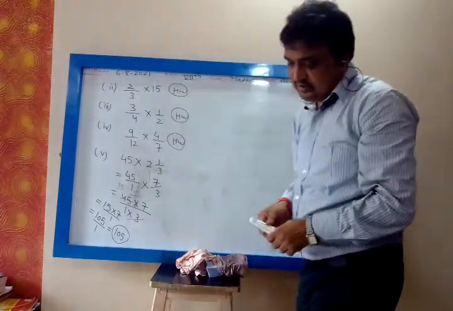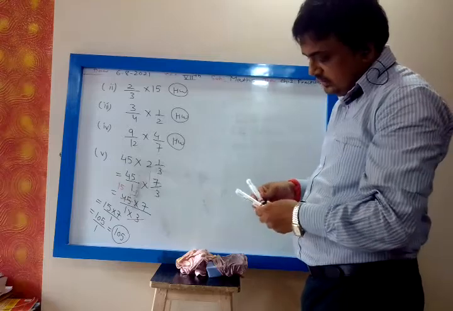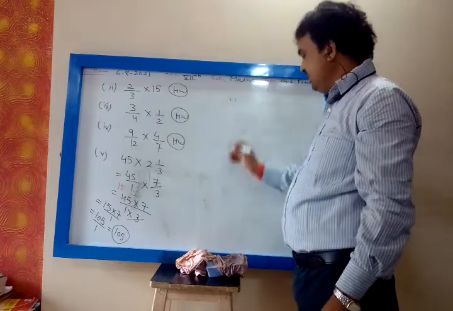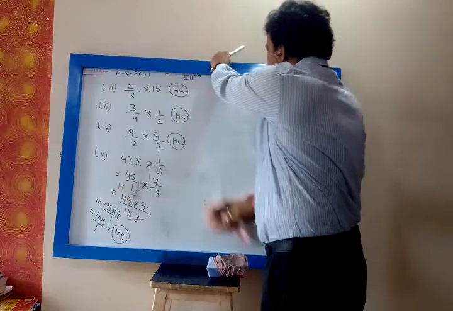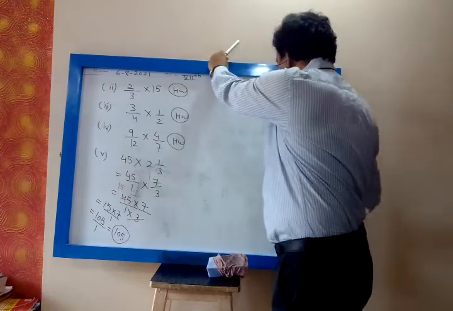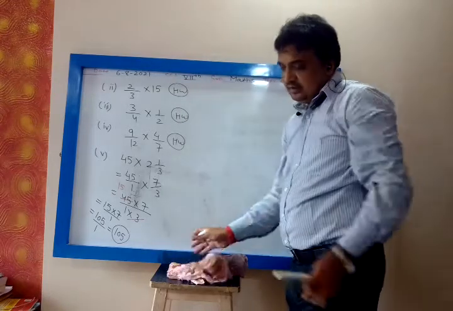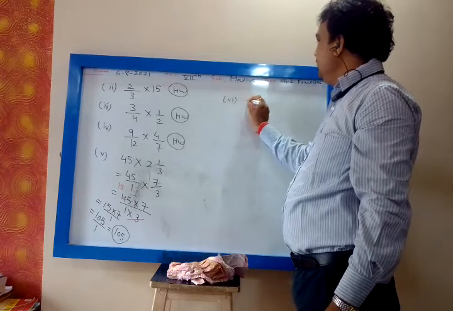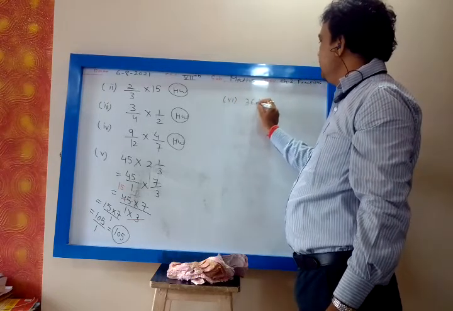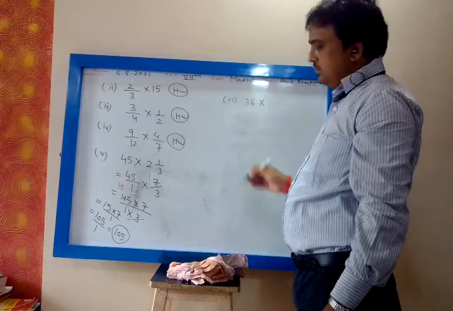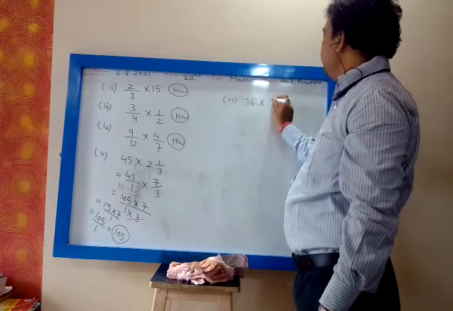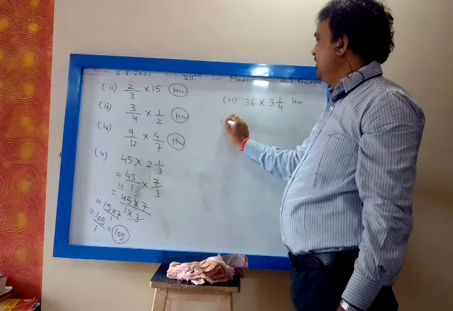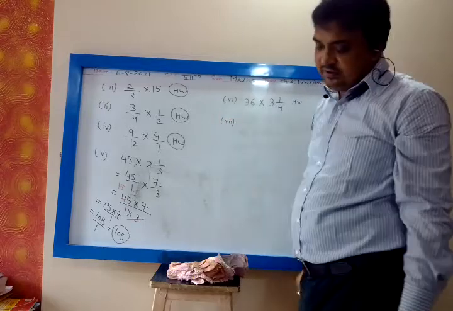Then sixth one, 36 into 3 is to 1 by 4. Homework.